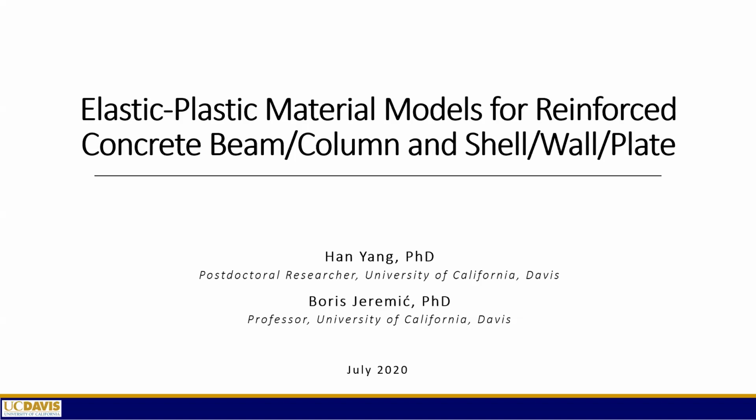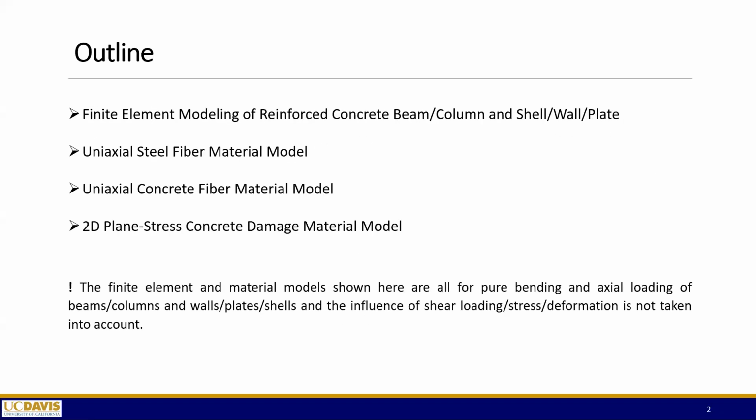I'm going to start talking about elastic plastic material models for reinforced concrete beam column and shear wall or shell or plate. Here is a brief outline of my lecture today. First, I'm going to talk about the finite element modeling of a reinforced concrete beam column and shell, wall, or plate.